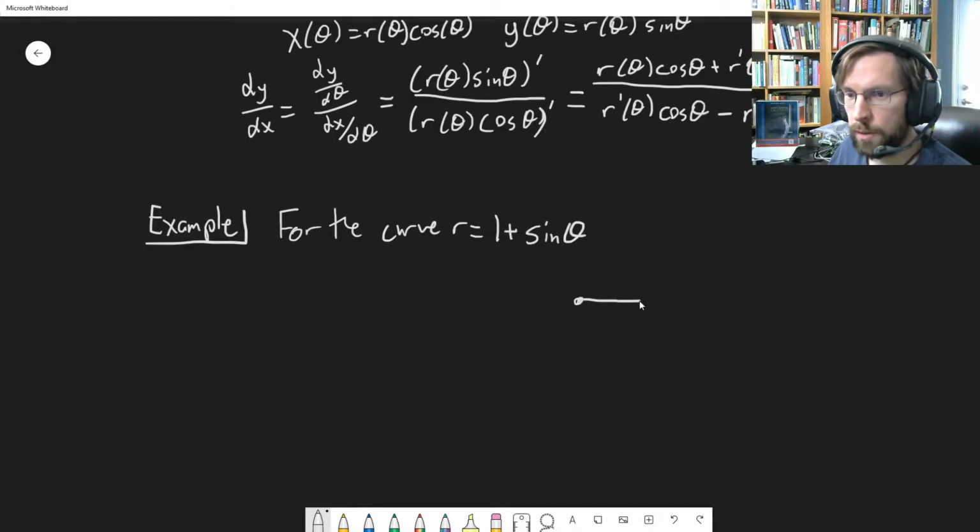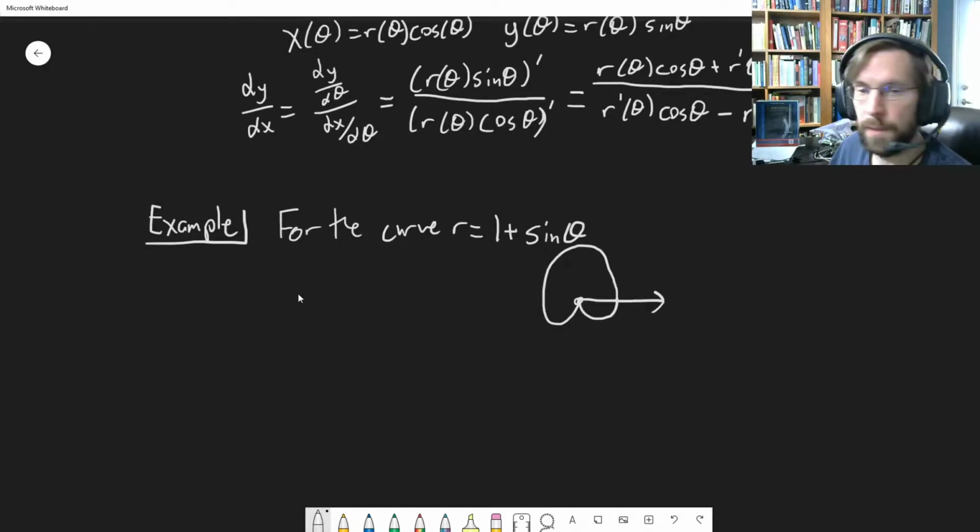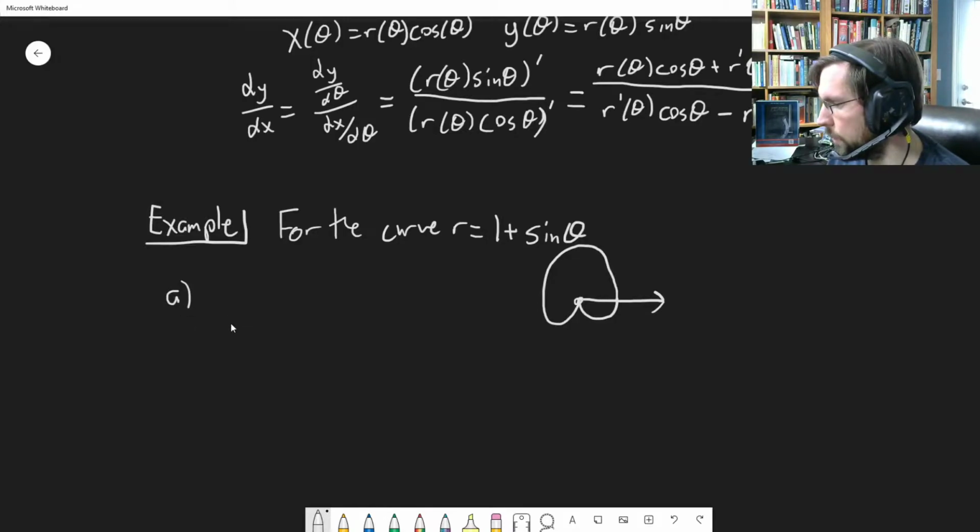This is the cardioid. It's going to look something like this. In part A, we are going to find the slope of the tangent line at theta equals pi over 3.